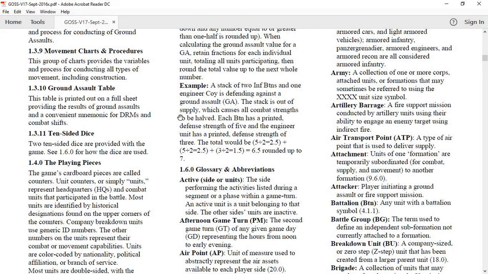The stack is out of supply, which causes all combat strengths to be halved. Each battalion has a printed defense strength of 5, and the engineer unit has a printed defense strength of 3. The total would be 5 divided by 2 equals 2.5, plus 5 divided by 2 equals 2.5, plus 3 divided by 2 equals 1.5, equals 6.5, rounded up to 7.